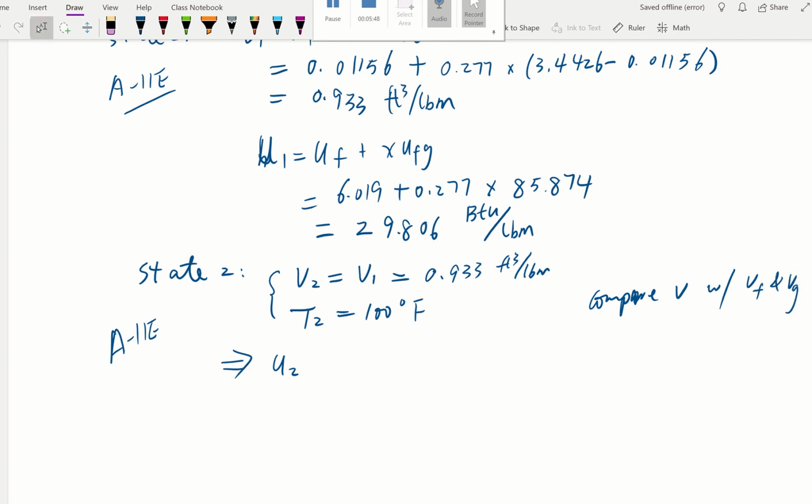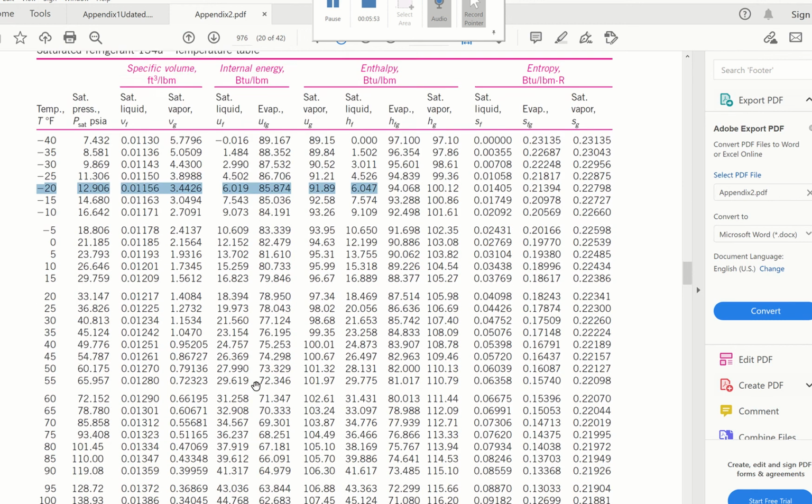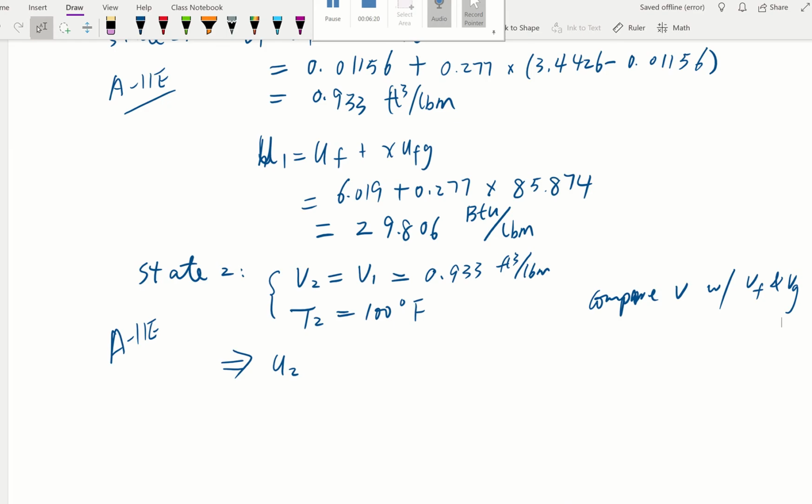So let's see, at 100 Fahrenheit, this is our VF and VG. Our VF is 0.01386 and our VG is 0.34.